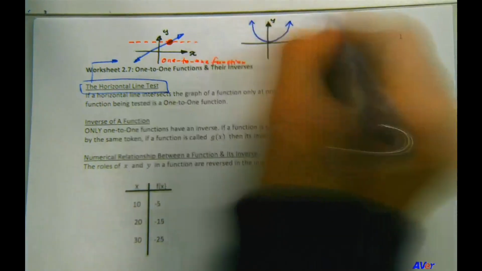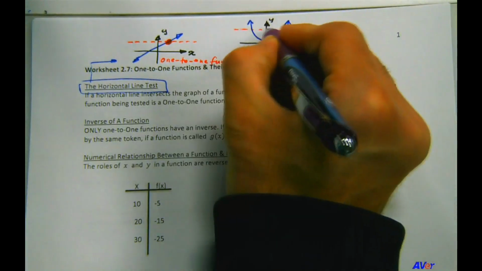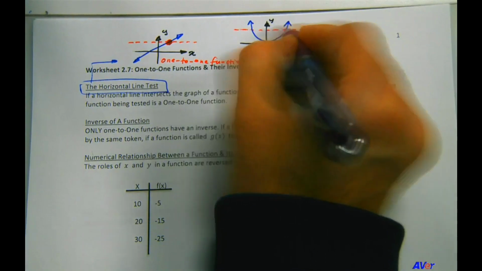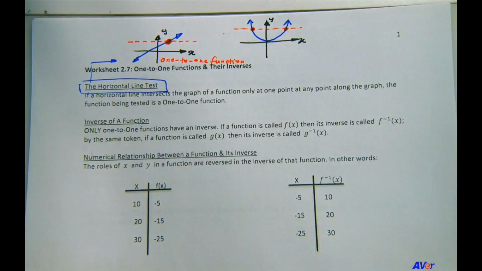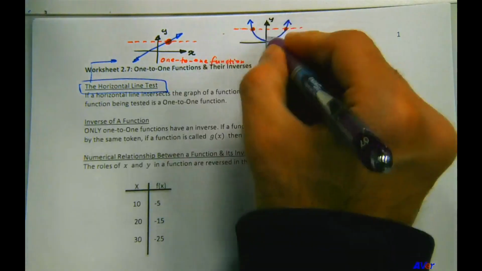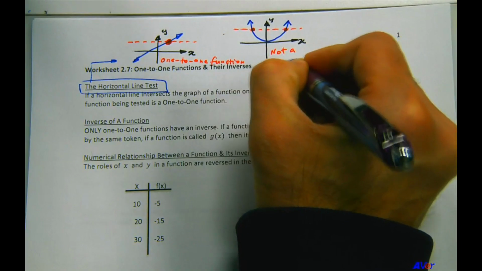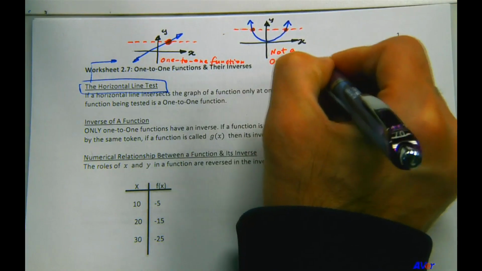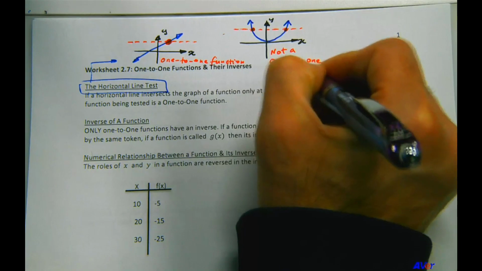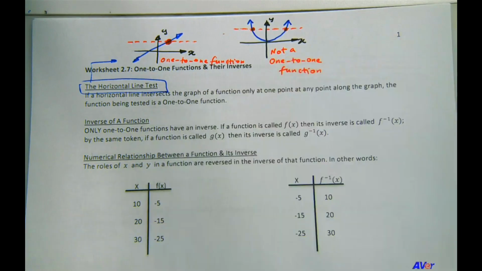So we know this is a function, but when we draw a horizontal line, we notice that it'll cross it at more than one point. So this is not a one-to-one function.